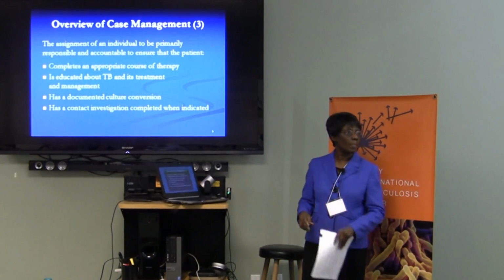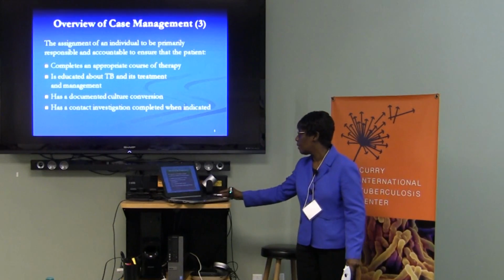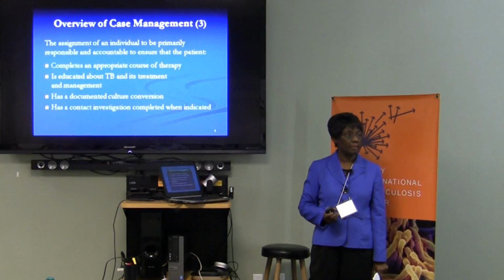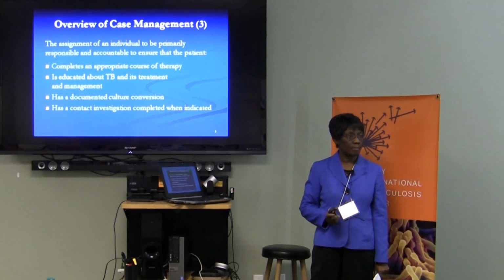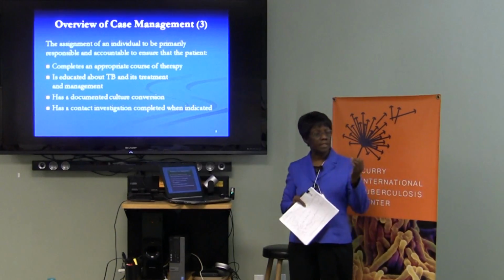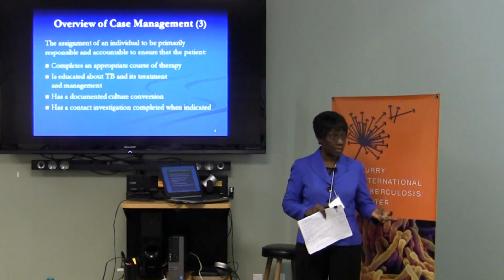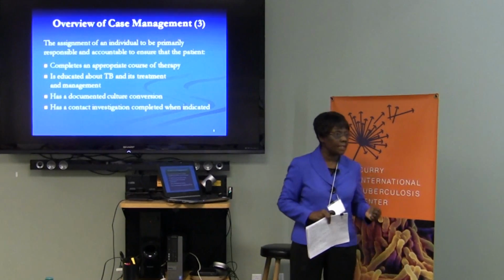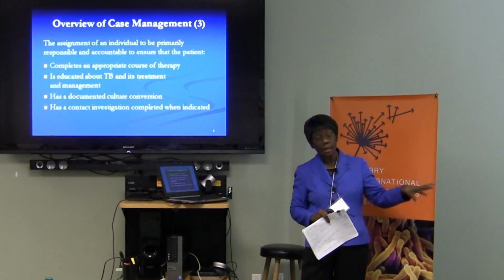Yeah. Sometimes it initially comes out as MTBC. MTB complex, right. Does it have the potential to grow something else other than TB? MTB complex consists of Mycobacterium tuberculosis, microti, it can include africanum, so it has different subtypes in it.